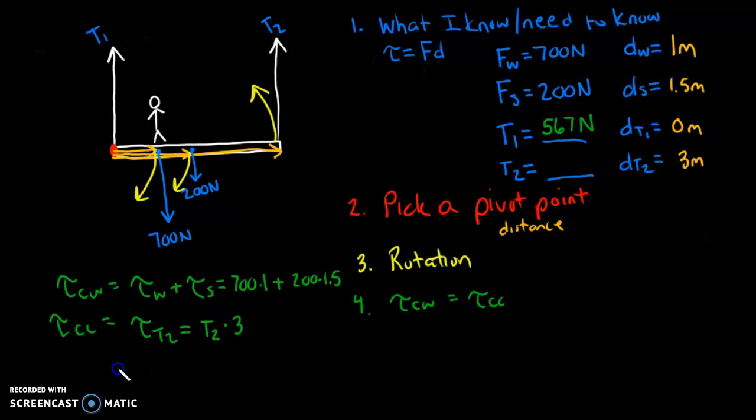So I plug those numbers in. T2 times 3 is going to equal 700 plus 300, so equals 1,000. And therefore T2 equals 1,000 divided by 3, which is 333 newtons. So T2 is 333 newtons.